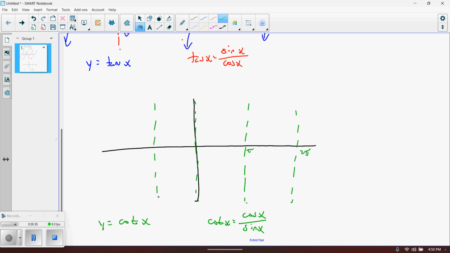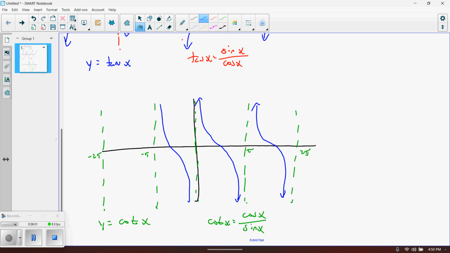And then in the opposite direction as well, negative pi, negative 2 pi, every whole value of pi. And again, cotangent is going to reflect from tangent. So your cotangent graph, instead of going up, will come down like this. And it will repeat over and over again, infinitely. Looks something like that.